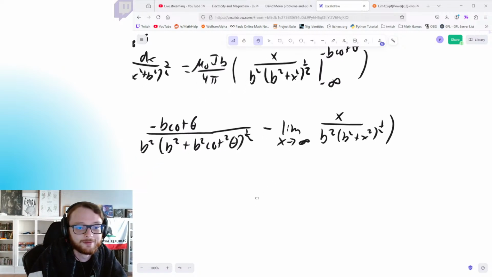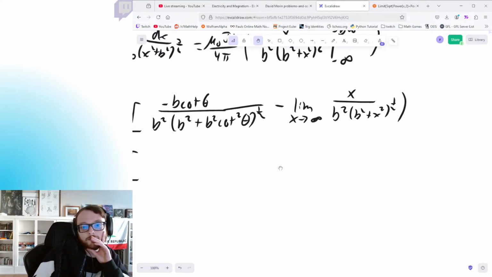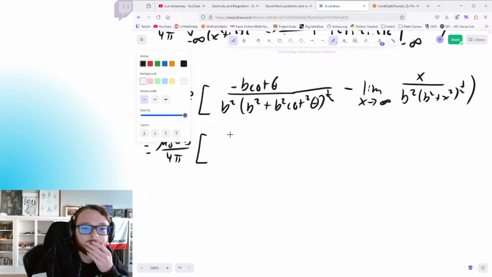It should just be 1 over b squared, I think, because the degrees are the same. On the left side, minus cotangent theta.